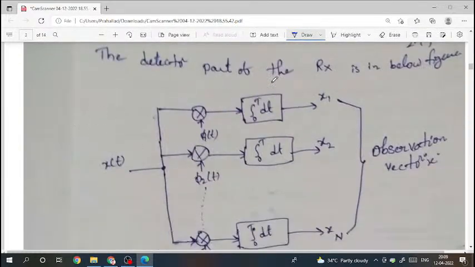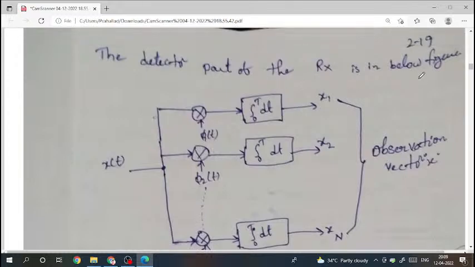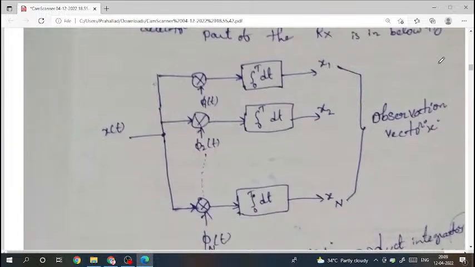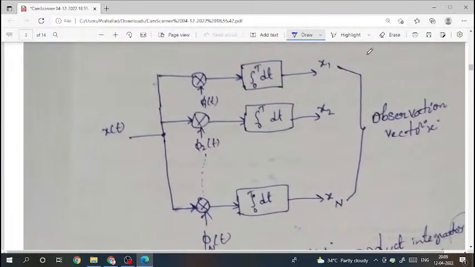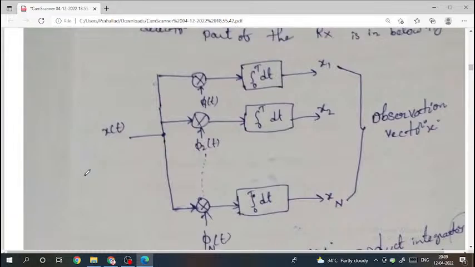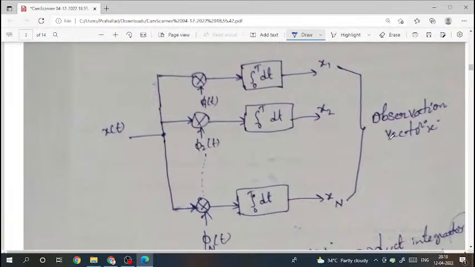The detector part of the receiver is shown below. Here x of t is the input signal and x is the observation vector. This input signal is given to the product modulator and integrator.